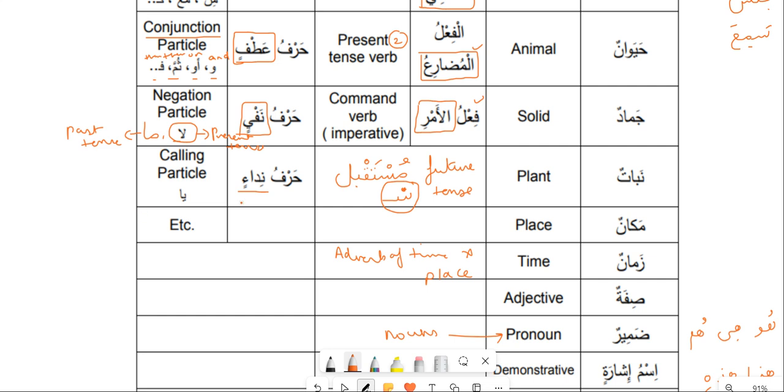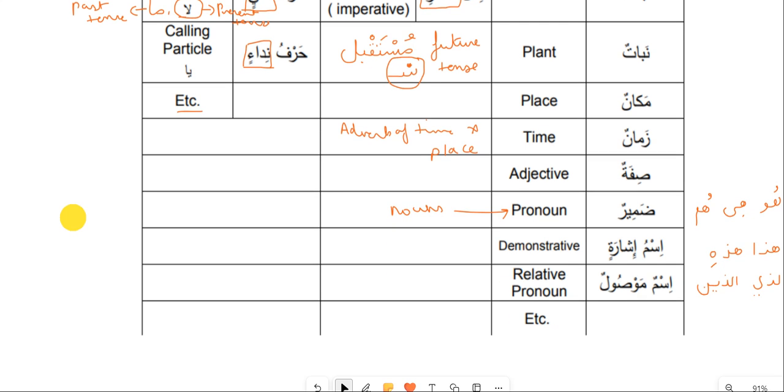So that's how you call. This is the calling particle known as harf nida. And extra means there are a lot of other harfs that will come accordingly in the higher levels, so we will learn about them later on. But these three are the most important to start your levels of grammar.